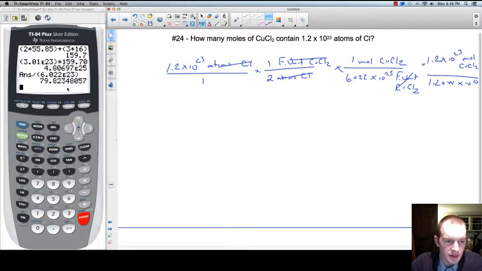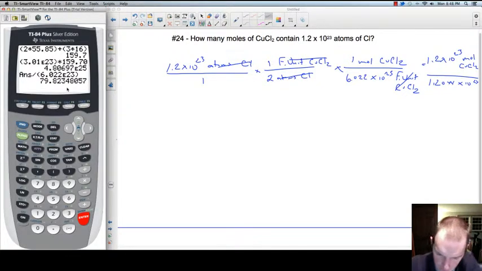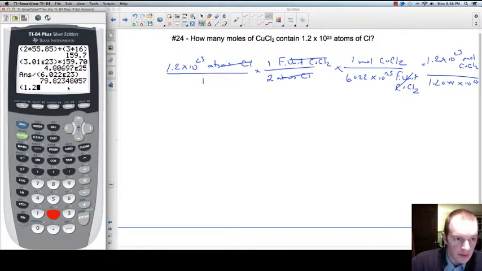So we come back into our calculator over here. Open a parentheses first. 1.2 times 10 to the 23rd, close parentheses.